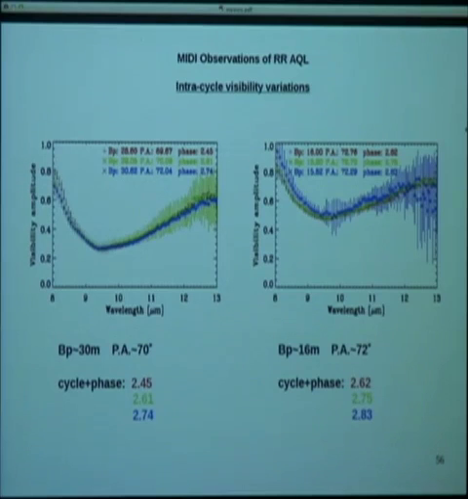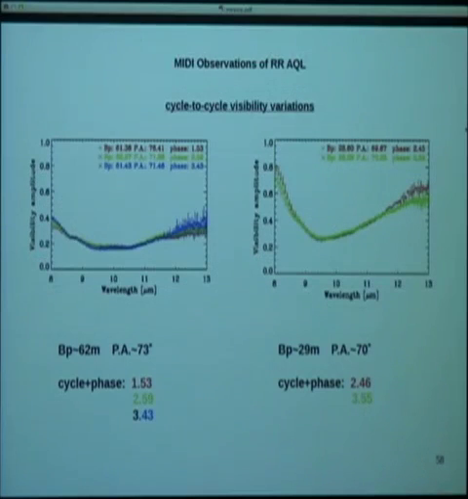There is another plot showing the same as the phase is changing within the cycle. We don't see any variation for the visibility. Unfortunately, this is the same for cycle-to-cycle variation.